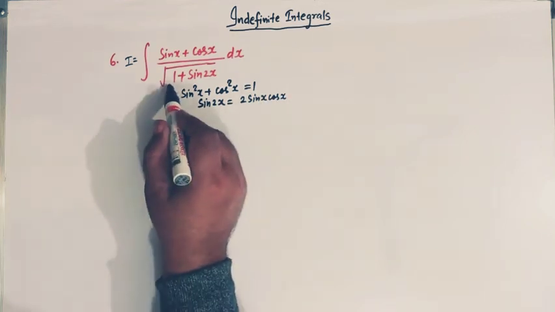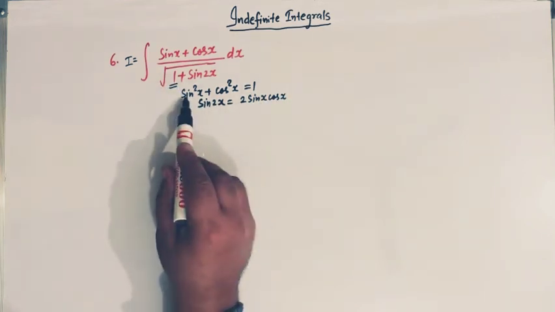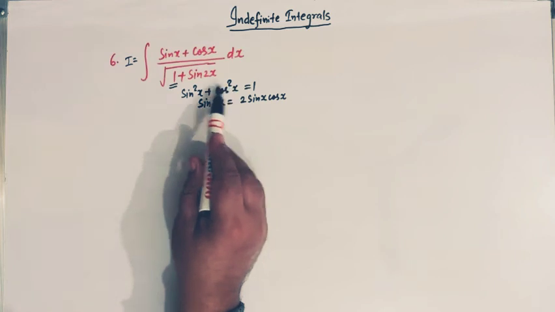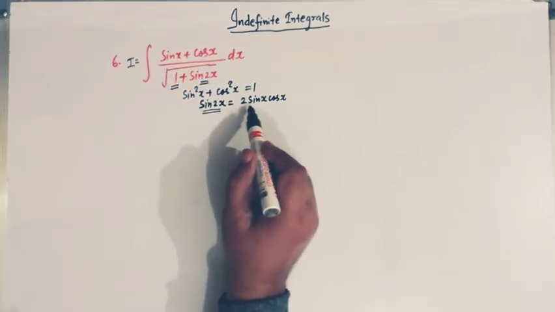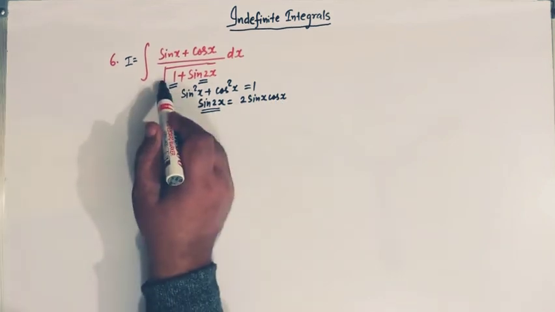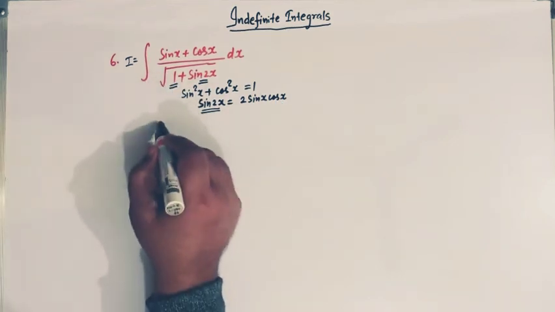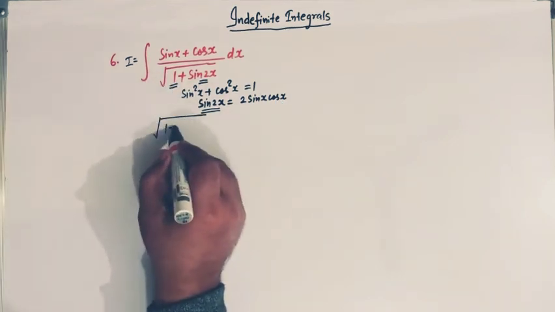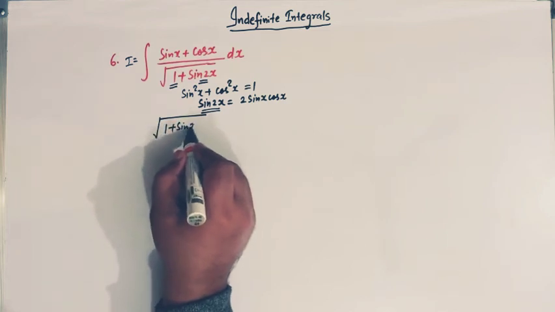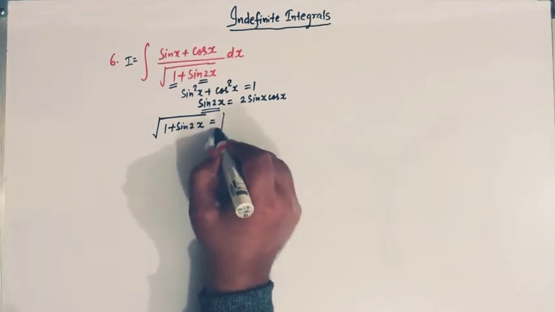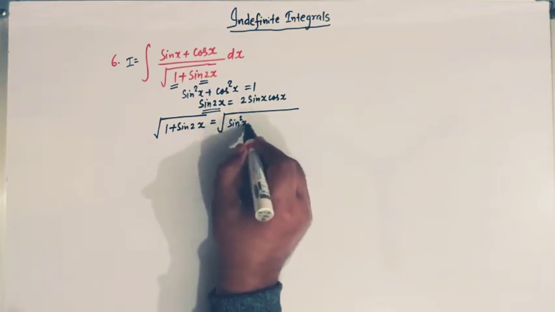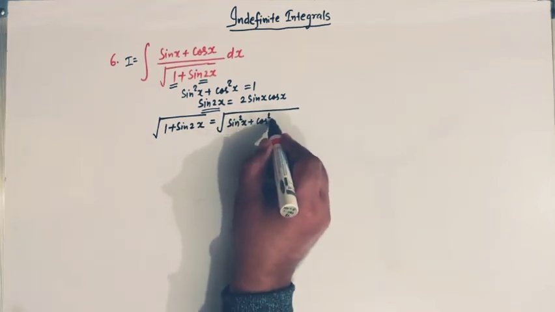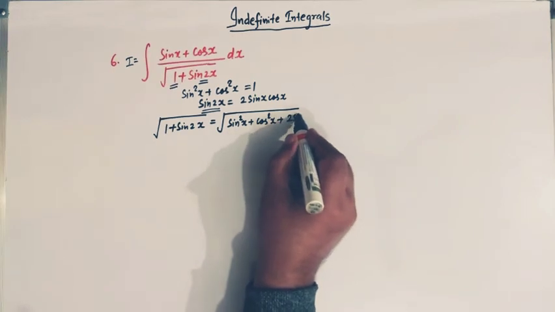So for the 1 we can write sin²x + cos²x, and for sin 2x we can write 2 sin x cos x. Therefore the term square root of 1 + sin 2x becomes the square root of sin²x + cos²x + 2 sin x cos x.